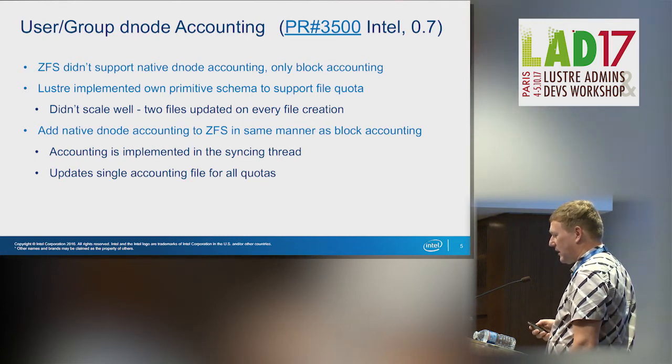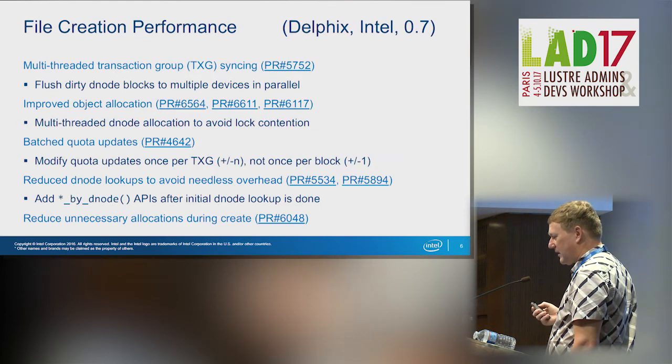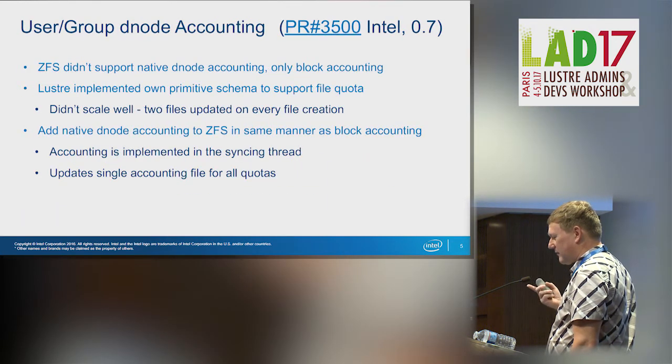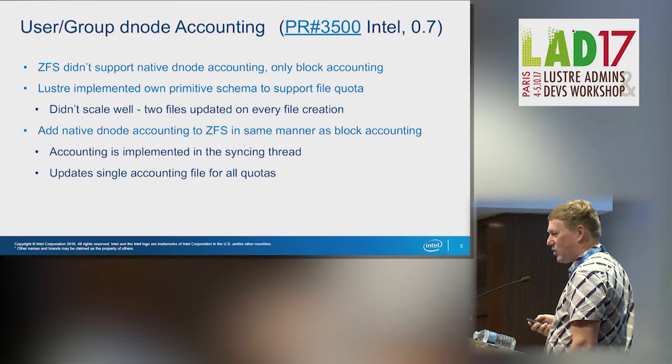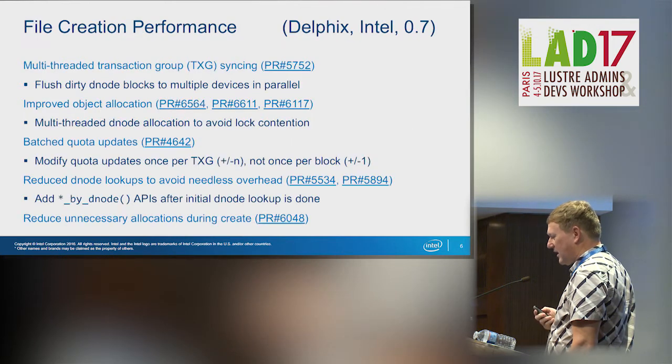And so the native Inode Accounting was added, and it's also the template for what we're working on for project quota accounting, in addition to the Inode Accounting. I think I have a slide on that after.